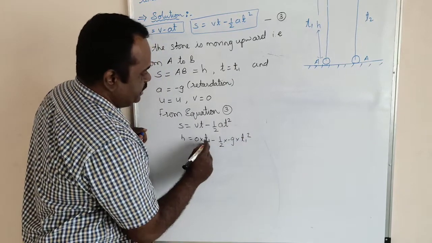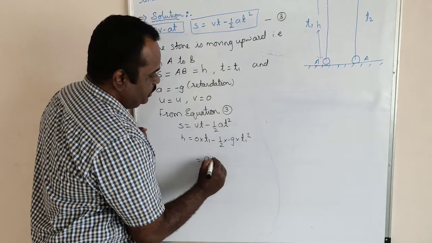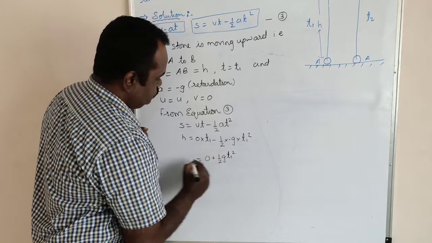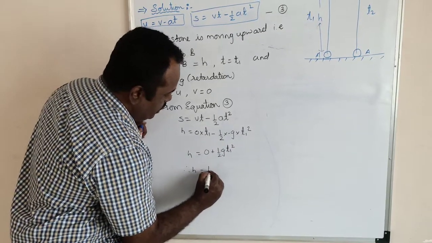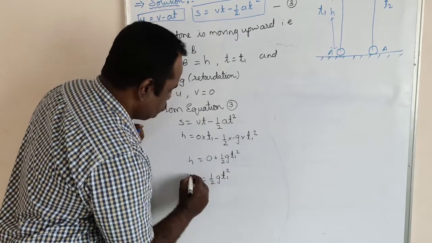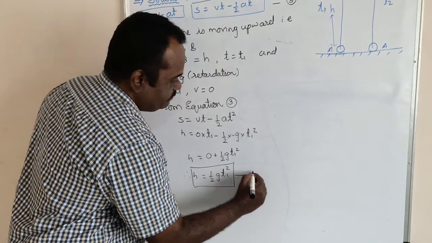Any number multiplied by 0 is 0. Minus minus is plus, so half g T1 square. Therefore h is equal to half g T1 square. Let us label it as equation A.